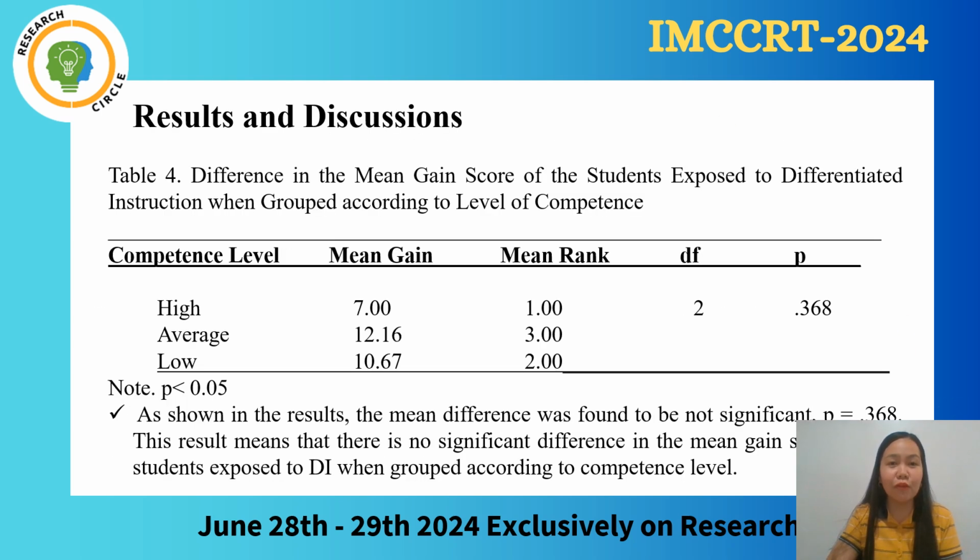Now, for Table 4, the mean difference was found to be not significant. We have here P is equal to 0.368. The result means that there is no significant difference in the mean gain score of students exposed to DI when grouped according to competence level.